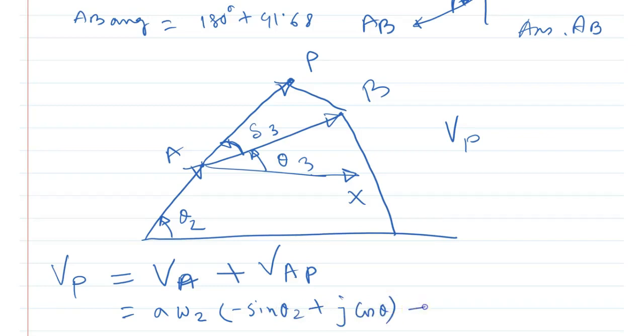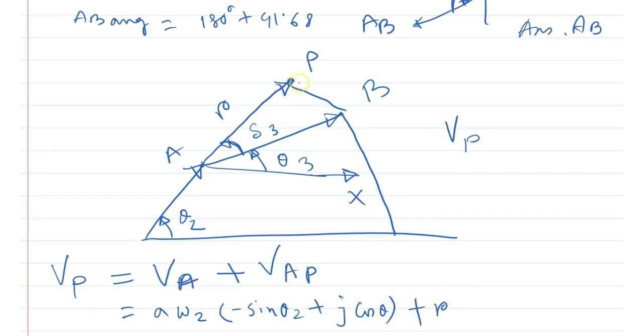Exactly the same way for the AP vector, the length is given to you. You should know this length. Let's say in this case we know it as R.